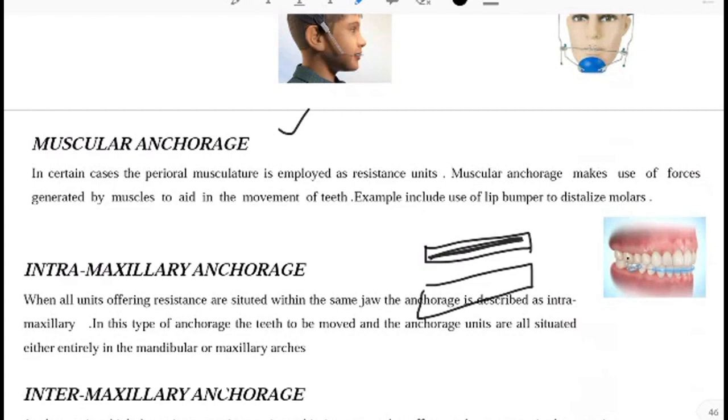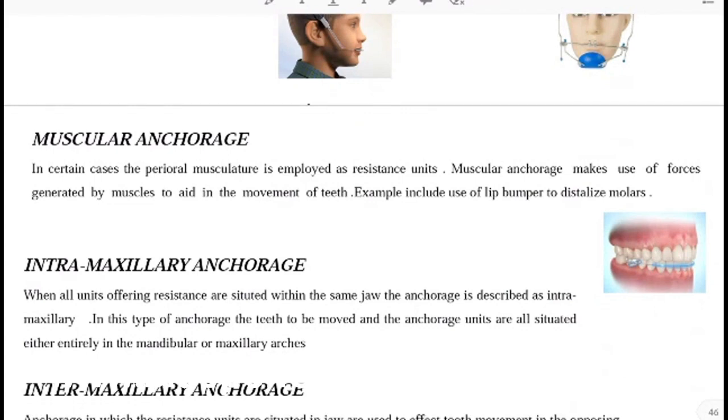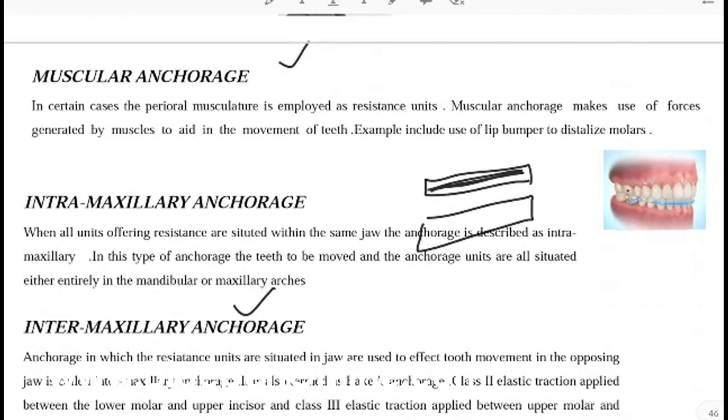Then inter means what? The best example is the class 2 elastics, which is also the best example for intermaxillary anchorage. Let me see whether I have a picture. No, I'm sorry, I don't have a picture. But I hope you understood what I'm trying to convey.